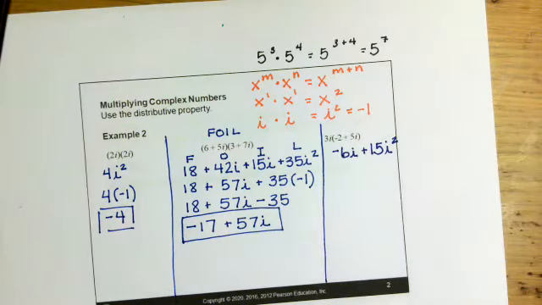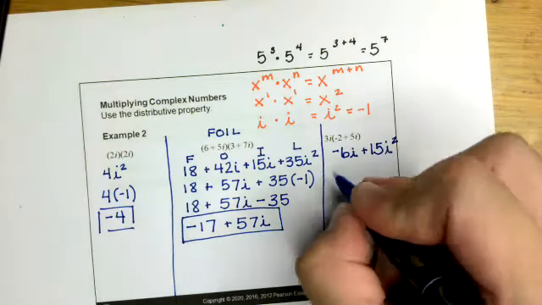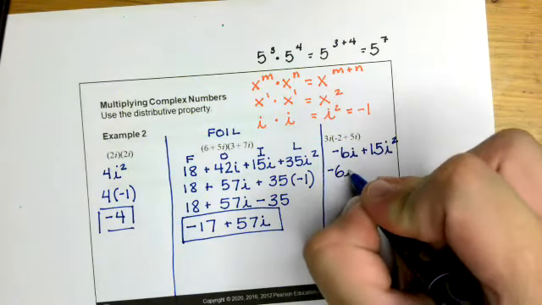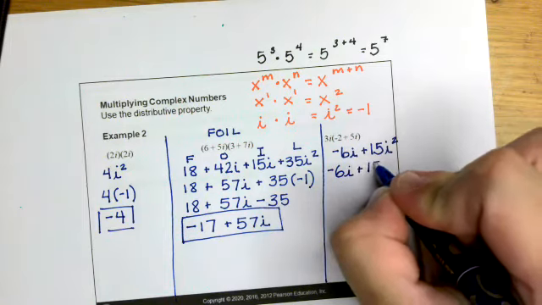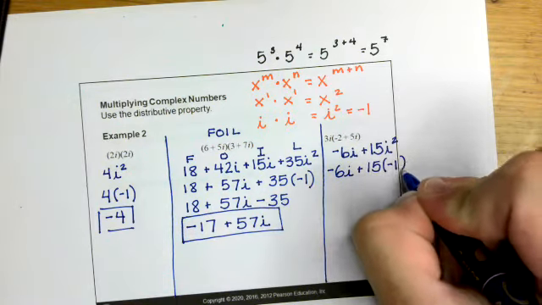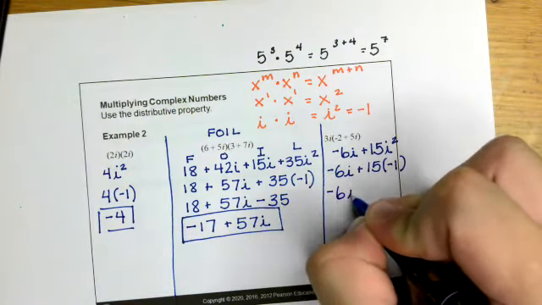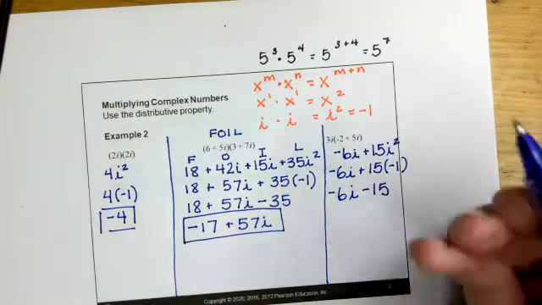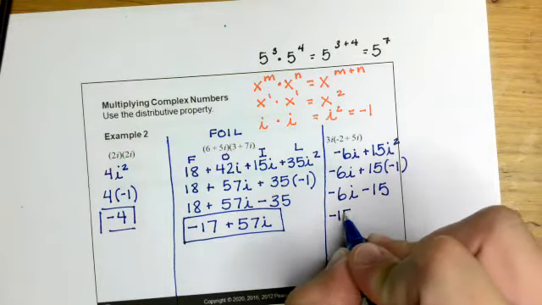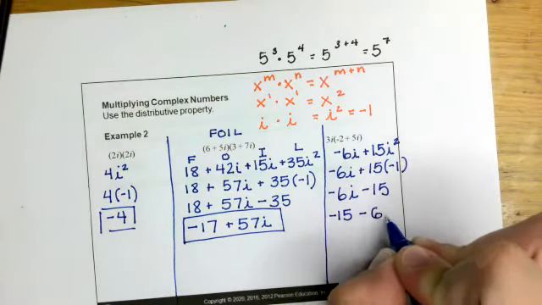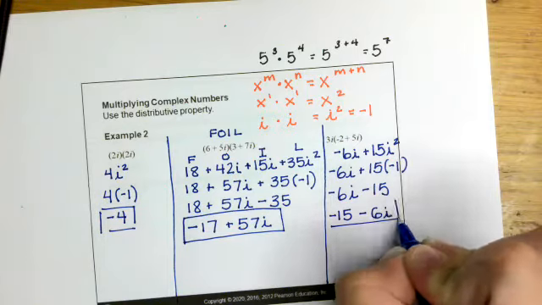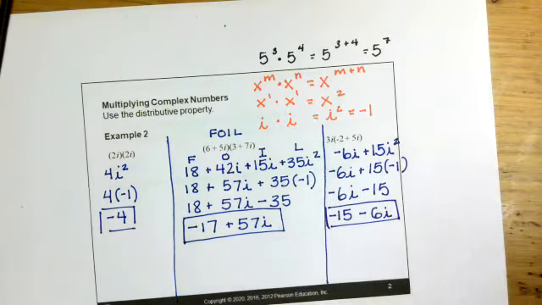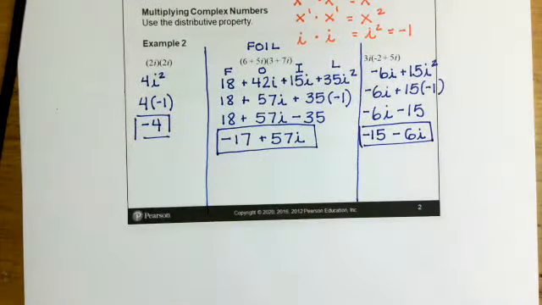Negative 6i plus 15i squared becomes negative 6i minus 15. Now I'm just going to flip them because I want the real number first, the imaginary number second. Yes, look at us fly through this.